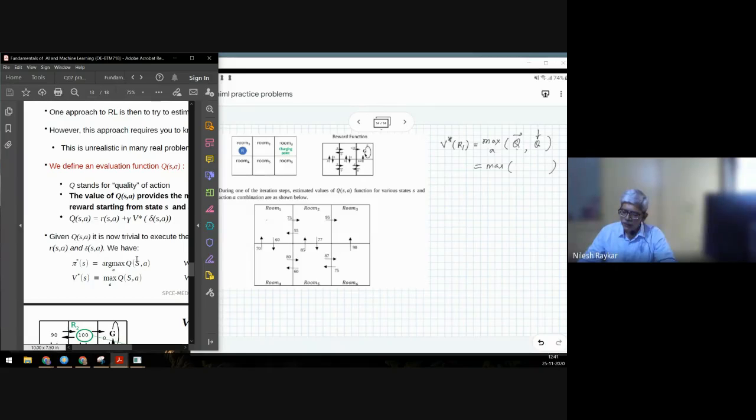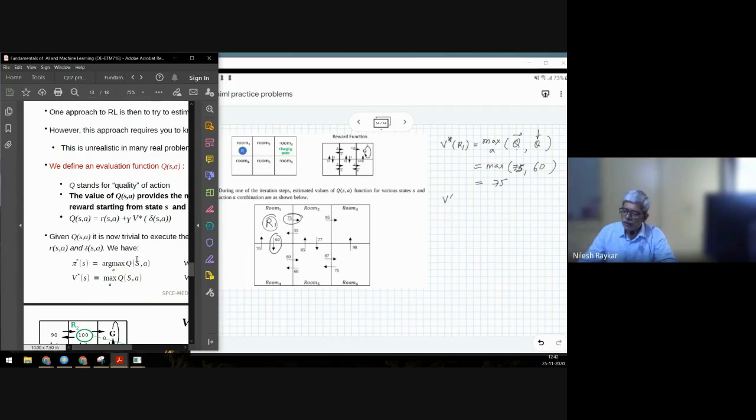We are in room number R1, the right path is this. The Q value corresponding to this path is 75. The Q value for the bottom path, which is the second option available, is 60. Which means that the value function for this room would be equal to 75. So we get the value function for R1 as 75.